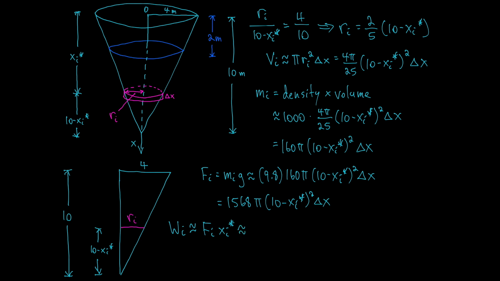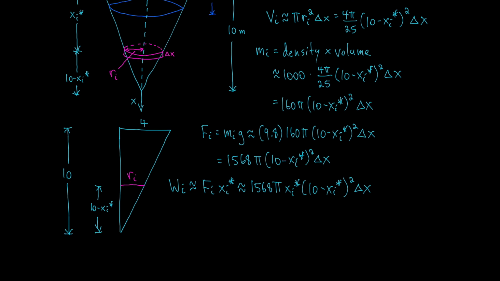So all we have to do is just throw an extra xi star in there. So let's do that. 1568 pi times an extra xi star times 10 minus xi star squared delta x.